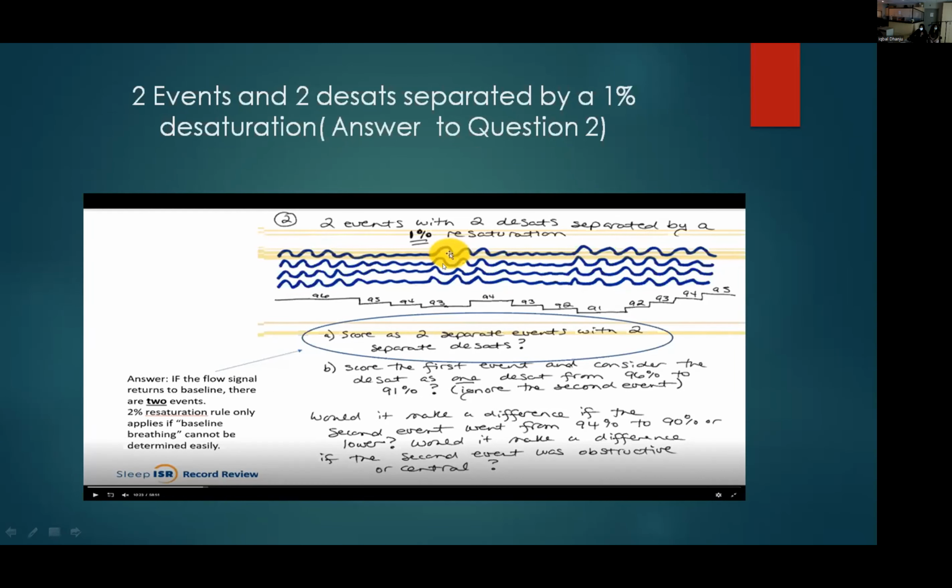If between the two events the baseline is not clear, then to decide when to end the event, they check if there is a 2% resaturation. But if it is clear that it's returning to the baseline, then it's two different events.